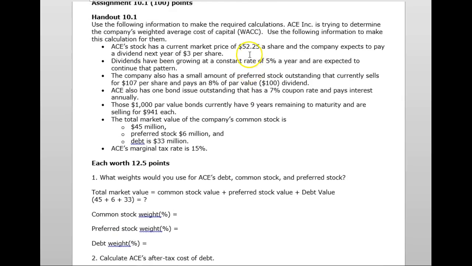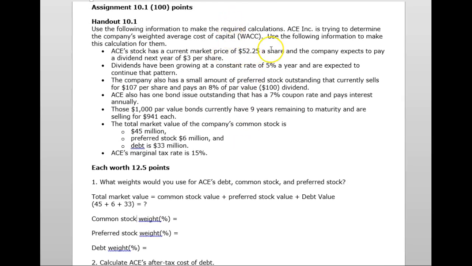Now, I've separated this out so that you can find information a lot easier. I've simply put in bullets so that each new area is marked. So let's kind of mosey down through this and see what you guys think here. First of all, it says, what weights would you use for their debt, common stock, and preferred stock?